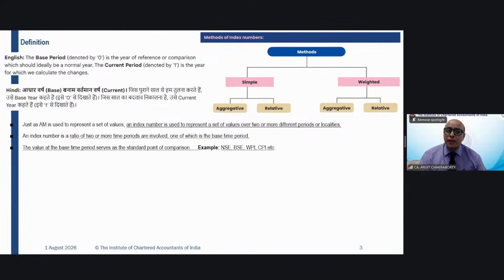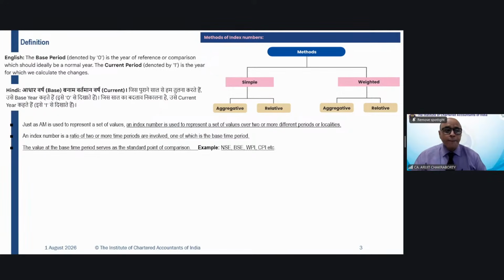So index number has no unit, like it is not linked with kilograms or centimeter or liter or rupees. It is unitless. Why? Because you are just dividing the price of a commodity this year by the price of the same commodity in the base year. So therefore, the unit gets cancelled out.